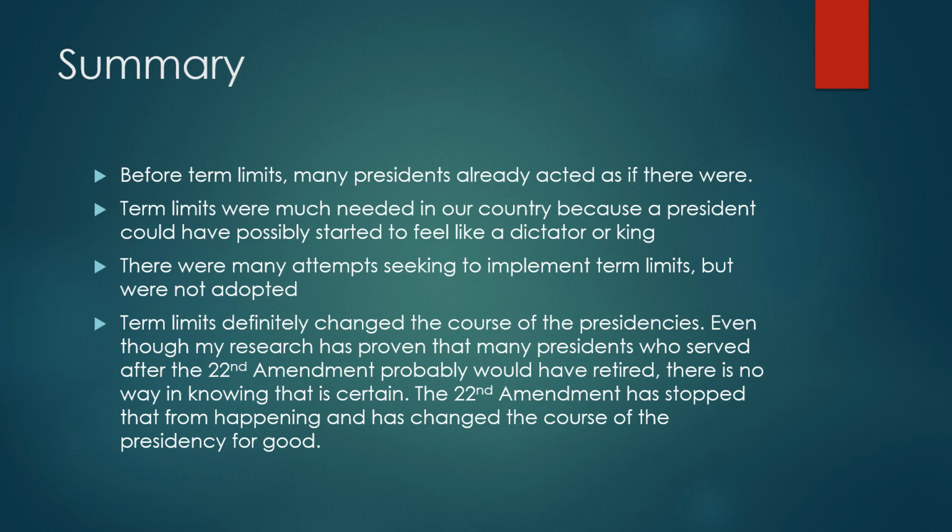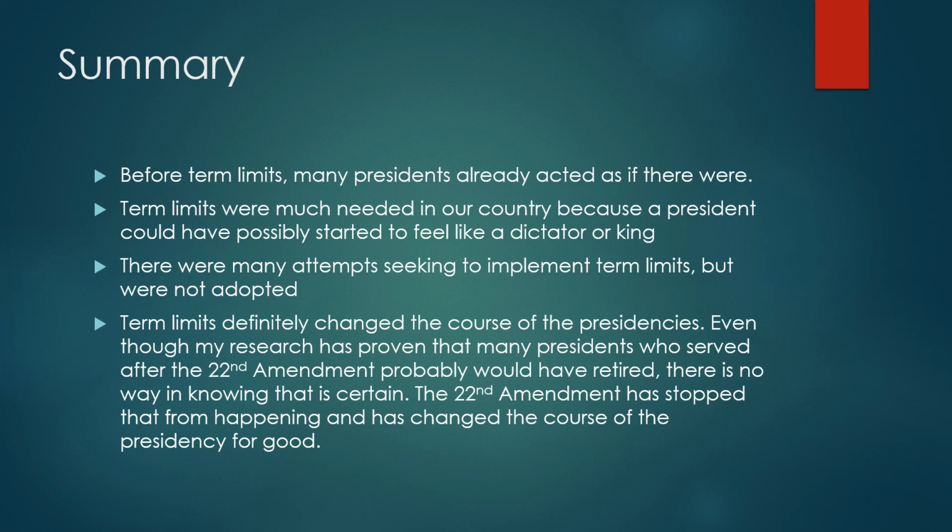So, in my summary, before term limits, many presidents already acted as if there were term limits, and term limits were much needed in our country just because a president could have possibly started to feel like a dictator or a king. It is important to note that there were many attempts seeking to implement term limits before the 22nd Amendment and before FDR, but those attempts were not adopted.